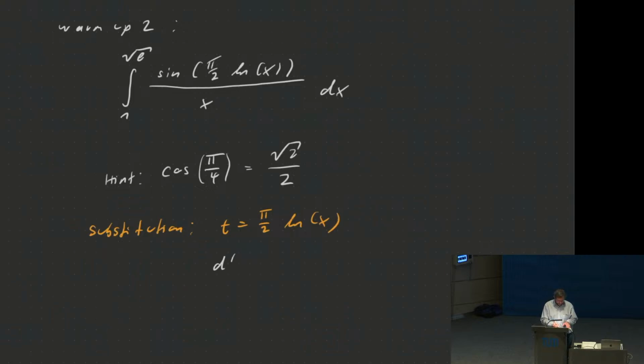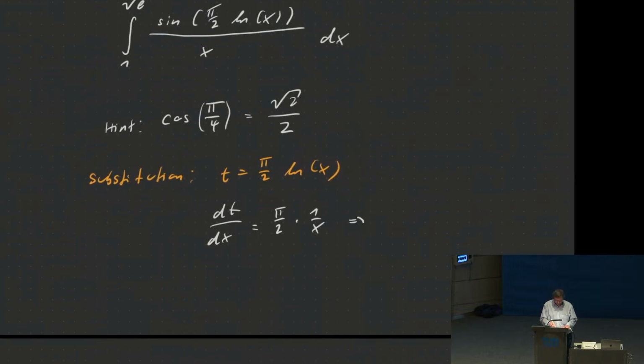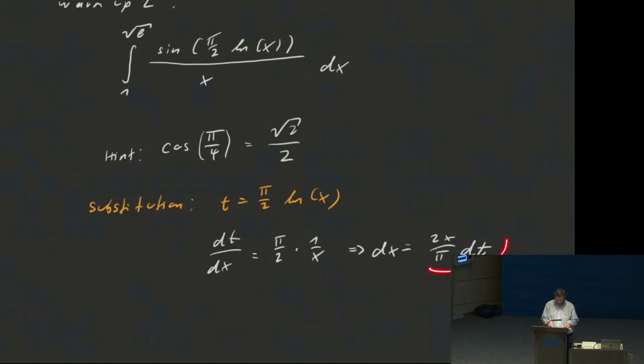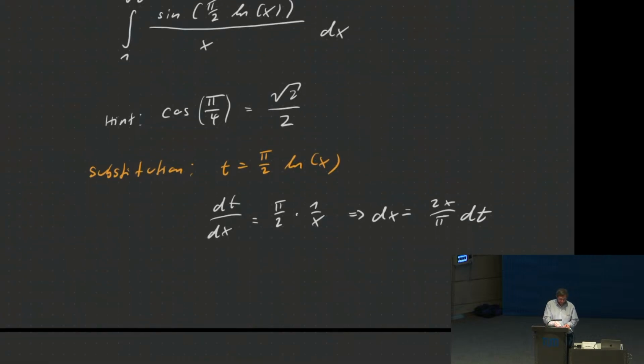And then again, if I do the formalism, dt by dx, what I get is pi over 2 times 1 over x. And so that means dx is equal to, let's see, 2x over pi dt. So if I replace dx by this expression, and you see I'm getting an x here in the numerator, and I already have one in the denominator, so those will cancel out. So I'd say that looks promising. Right? I'd go on with that.